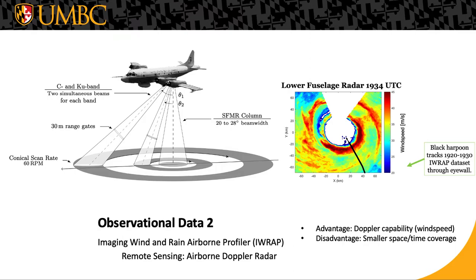It retrieves a curtain file, and it's very high resolution with wind and reflectivity data, about 150 meter along-track and 30 meter range sampling. The biggest idea here is it's Doppler capable, so we get wind speed, but it's a smaller space and time coverage. But they fly through the inner core of the storm and get very data-dense retrievals.